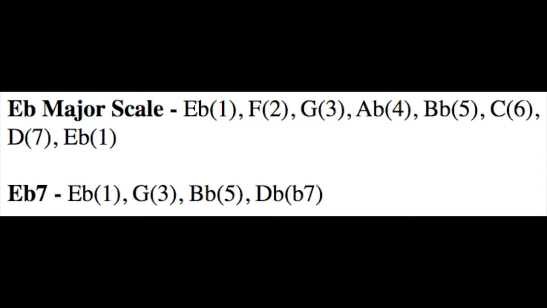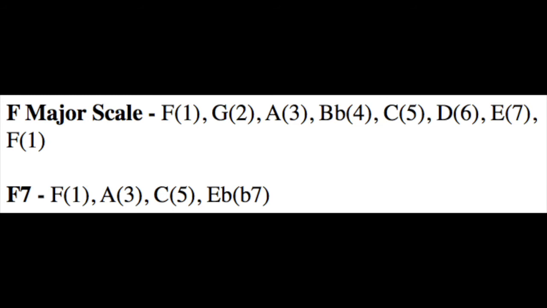Notice we have the flat 7. It was D natural. We're going to make it that dominant 7, so we have to lower it a half step. That gives us our E flat 7 chord. Practice playing these notes up and down like that, just to kind of get it in your ear.